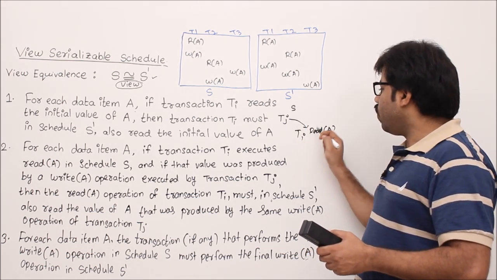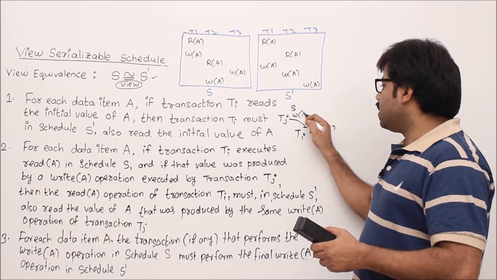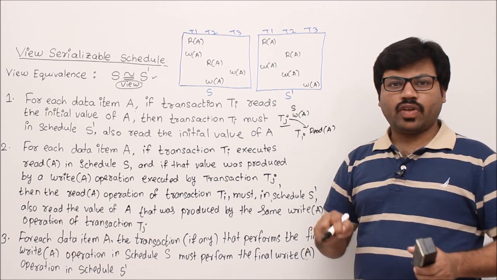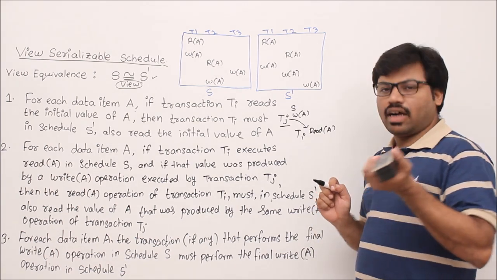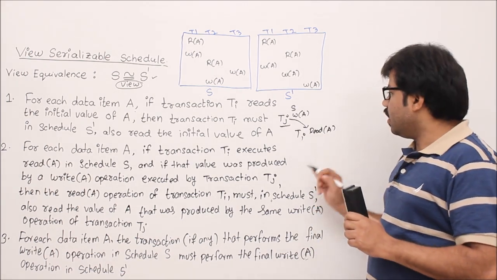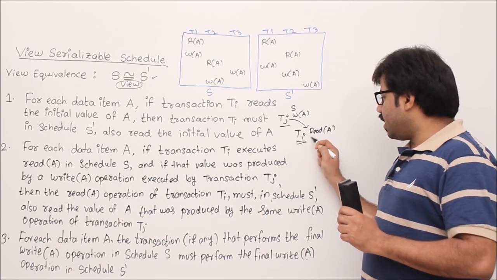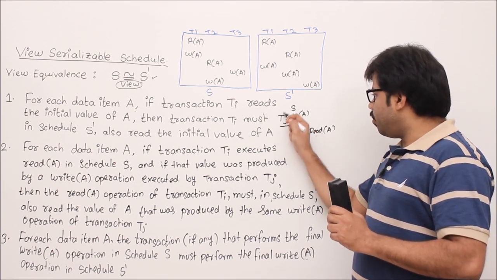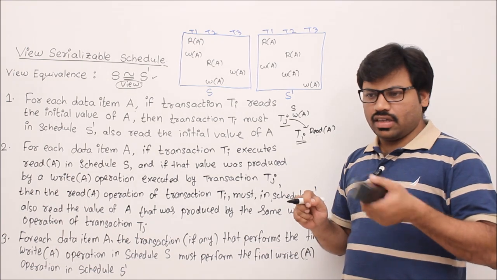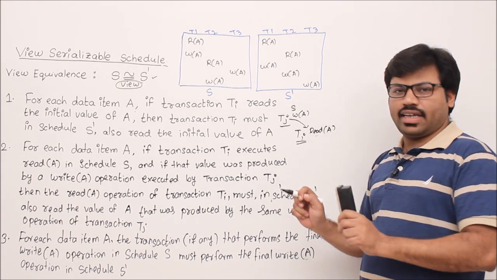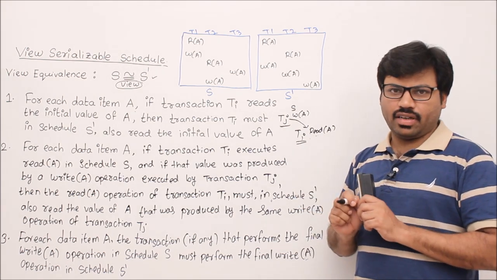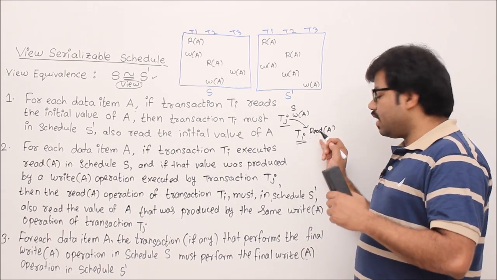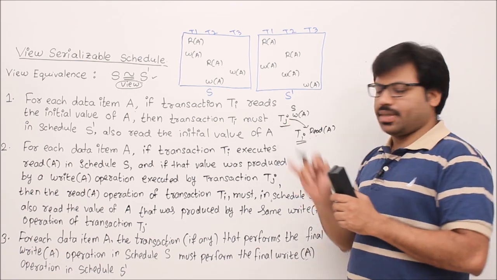That means before this read it is updated by Tj, and immediately after that Ti is reading before others update. Then we say that the transaction Ti is reading the data which is updated by Tj. So for simplicity, I simply say: Ti is reading from Tj.